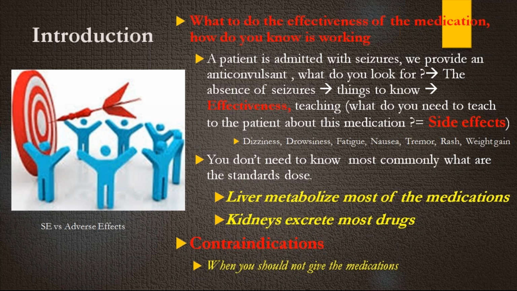So again, the first pass effect, keywords: gastric acid, liver. Those are the barriers that the drugs are going to pass. For example, let's make it 100 milligrams. The acid destroys 40 milligrams, so only 60 milligrams pass into the bloodstream. These 60 milligrams then go to the liver, and the liver, let's put a number, destroys about 50%.